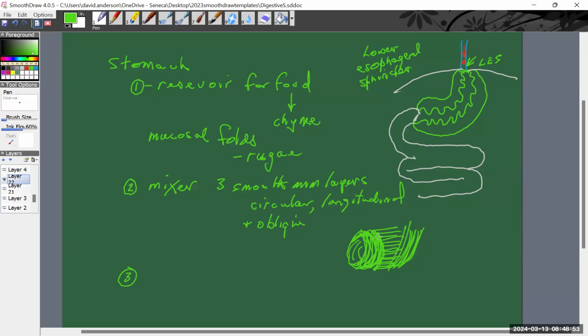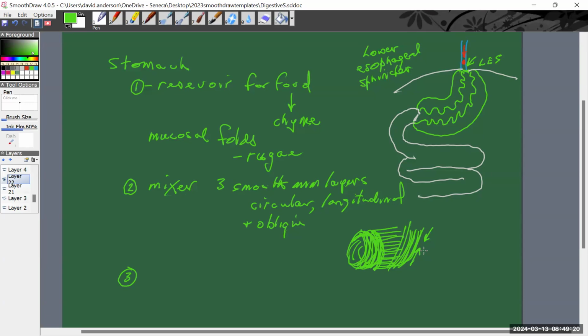And then when the oblique angles contract, we're going to create a bit of a torque or twist in the muscle walls. So that's also then going to create mixing. So between the three muscle layers, we get more mixing going on than we would if there were just the two muscle layers. Does that make sense? Yes, thank you.